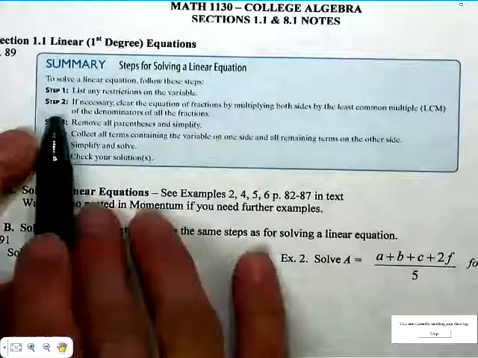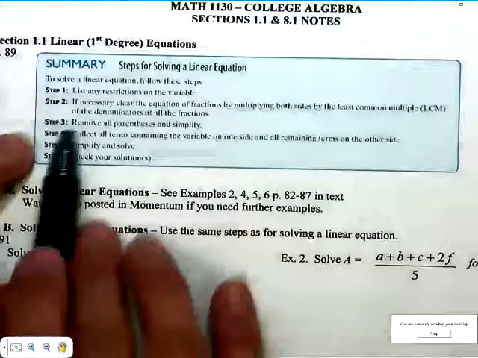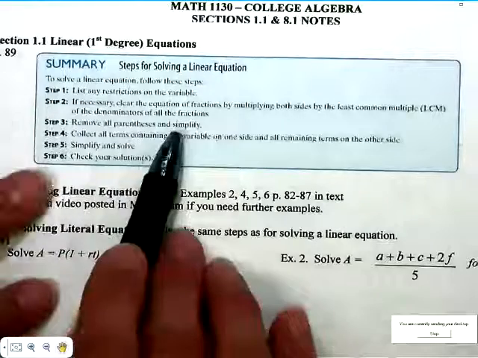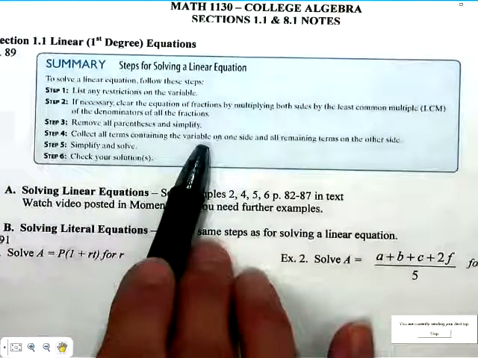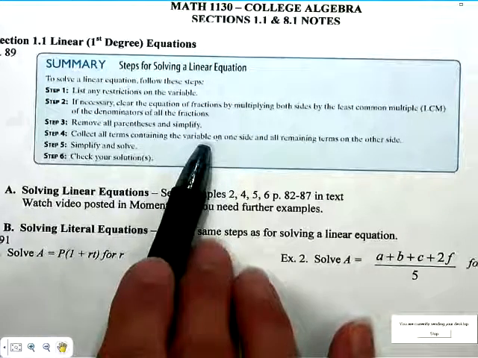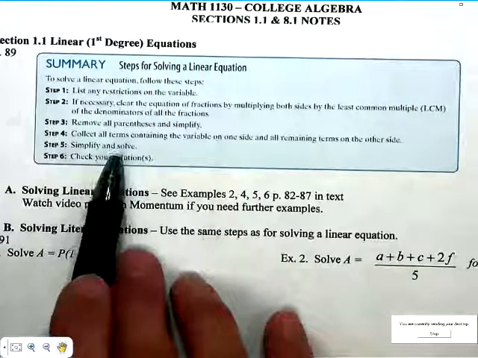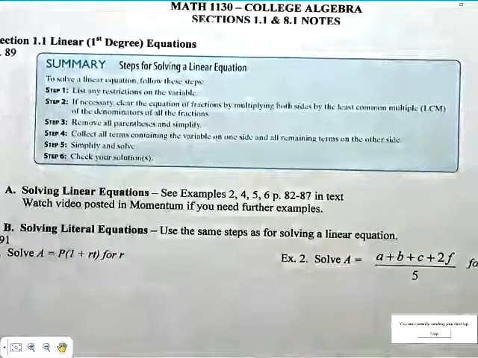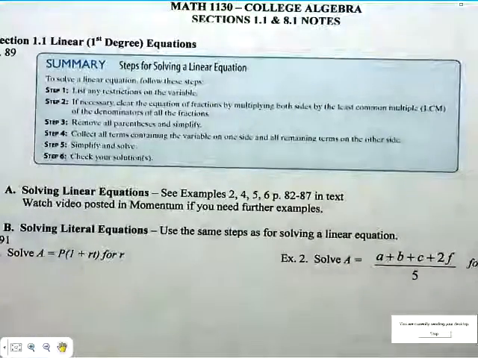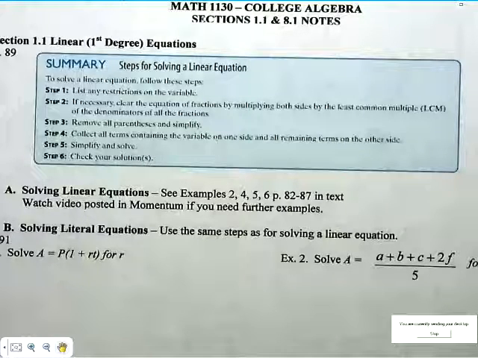But after that, you distribute to remove the parentheses and combine like terms. Then you get all the terms with the variable on one side, all the terms without the variable on the other side, and then divide by the coefficient of the variable, and most importantly, check your solution. Anytime you can check your answer in math, do check your answer. Every time you factor, you should multiply it back together real quickly to make sure it gives you what you started with.